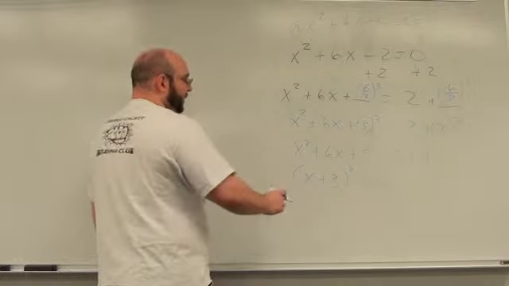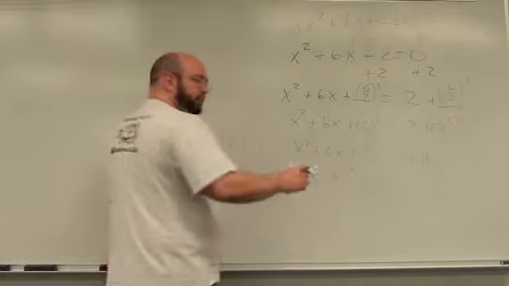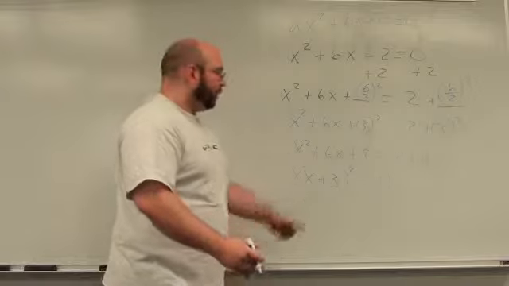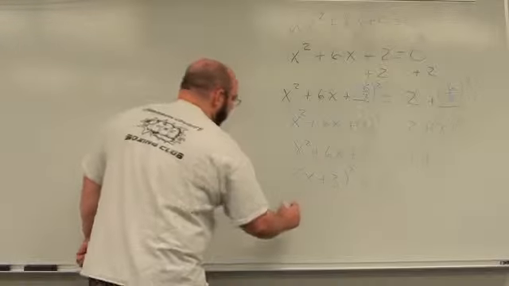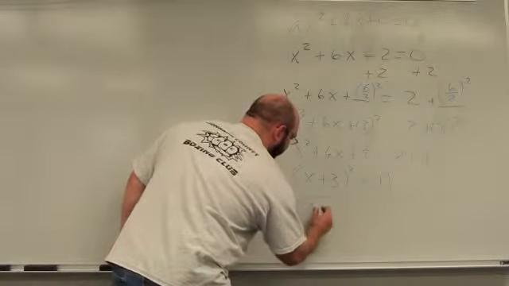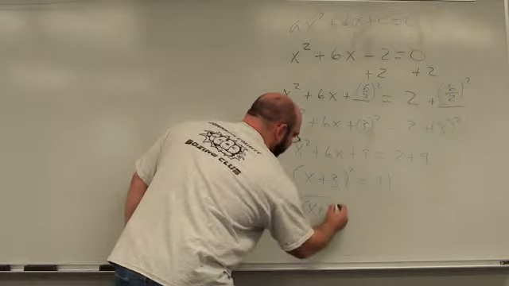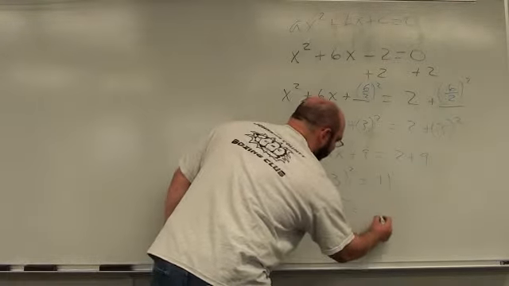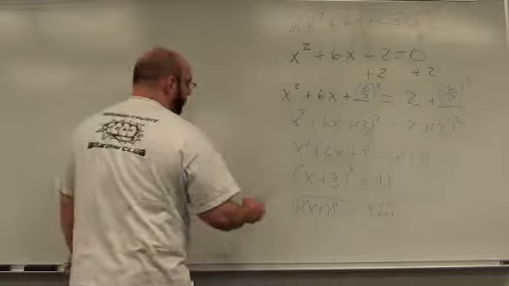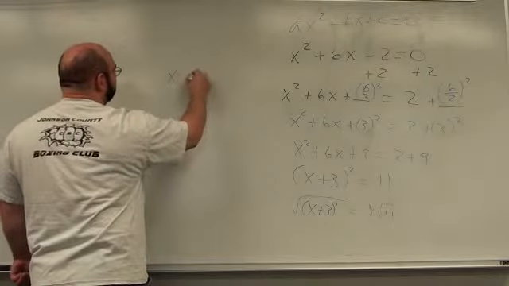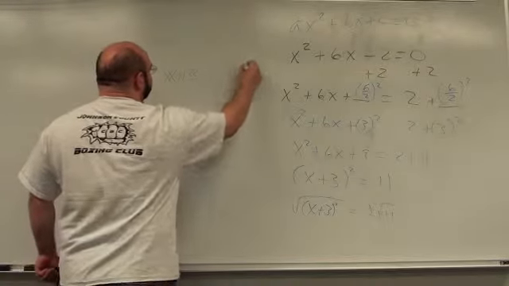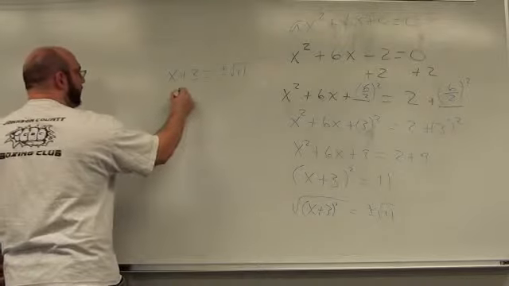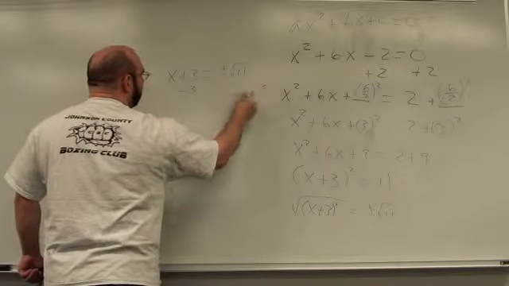I need to isolate my x. So the first thing I'm going to do, just like with the square root method, we're going to take the square root of both sides. Still getting the x by itself, so I subtract 3 from both sides.